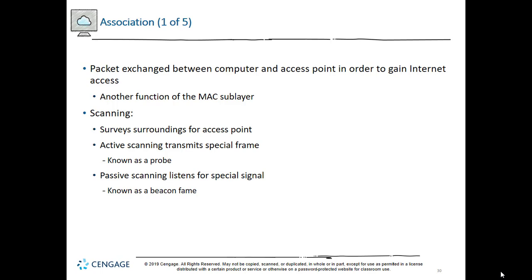A computer transmits a special frame known as a probe on all available channels. Then an AP detects the probe frame and issues a probe response containing all the information the computer needs to associate with the access point, including a status code and a node ID or station ID for that computer.